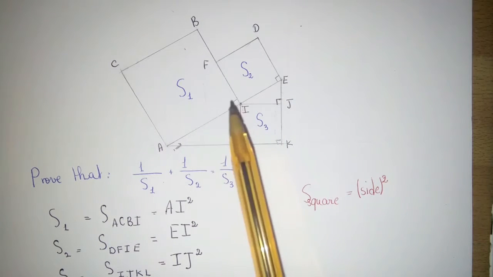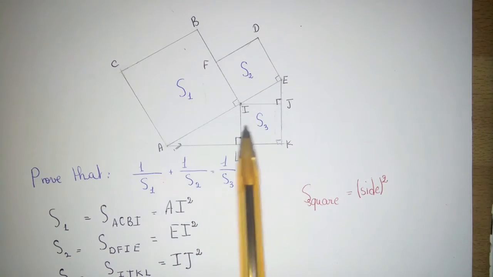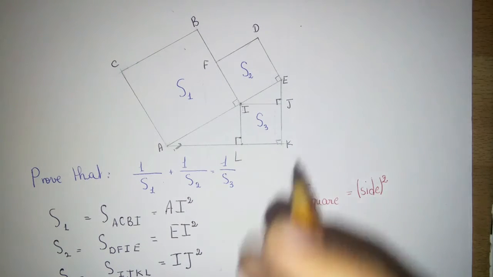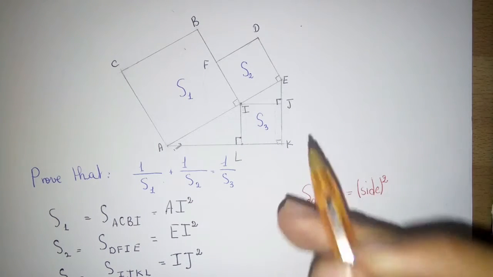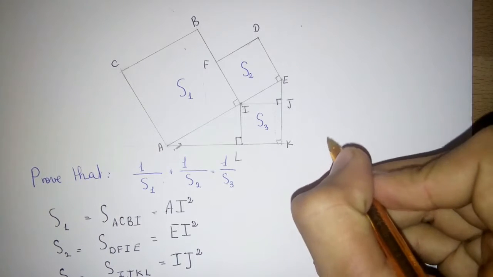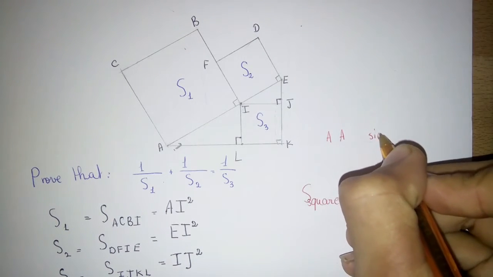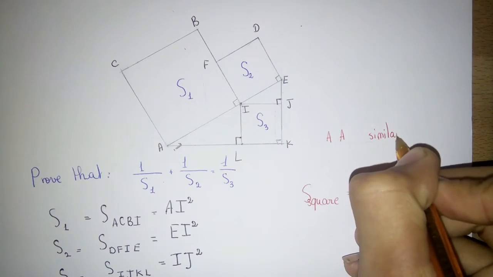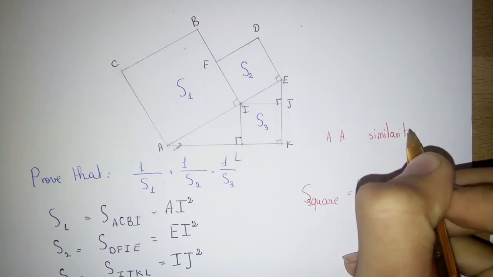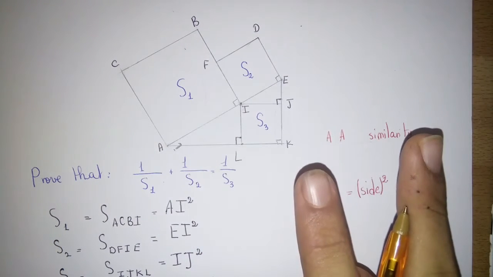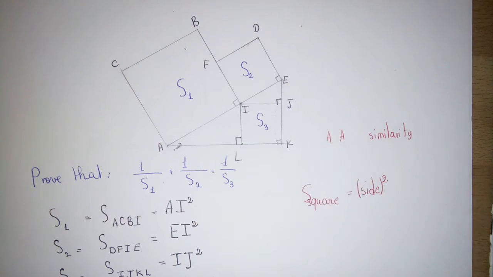Well, we can check. Recall that to prove that two triangles are similar, we use the angle criterion for similarity. That is, if two angles from one triangle equal two angles from another triangle, then the two triangles are similar.